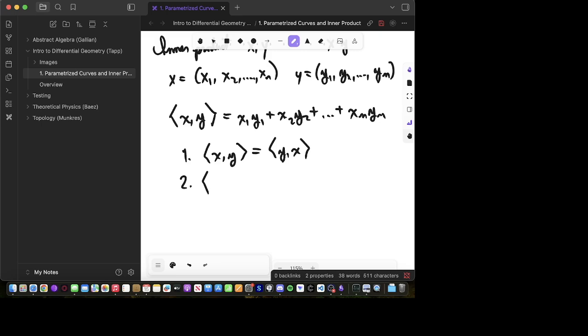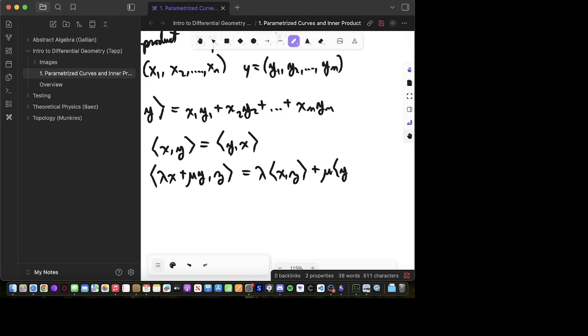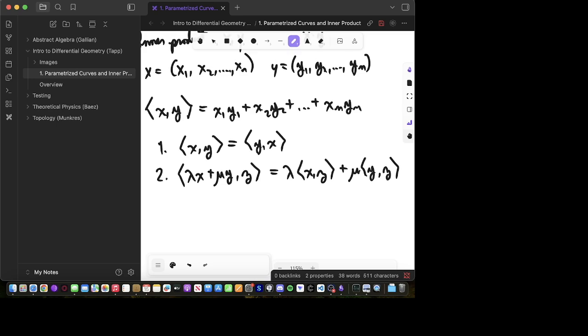Now, if we have a scalar lambda, that is a number, plus another scalar mu, we have this formula. And it goes the same way for the other side.